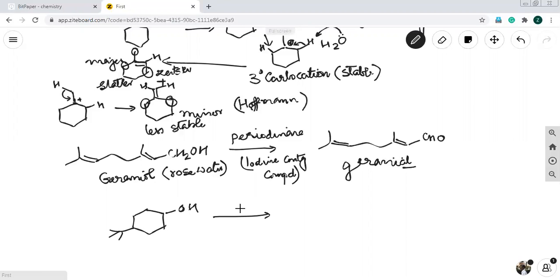Suppose you react this with sodium dichromate in aqueous acetic acid, CH3COOH, what you will end up with is a ketone. Alcohol will be converted into a ketone by oxidation.